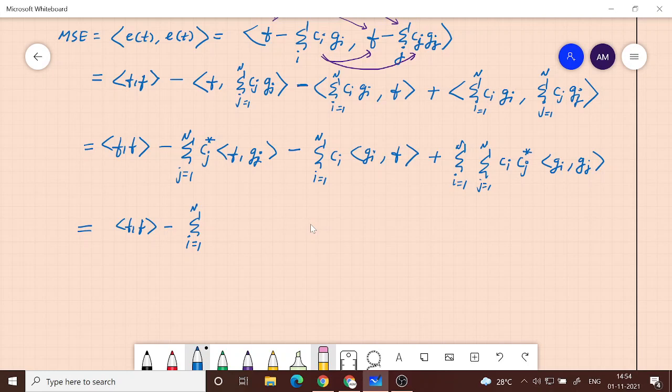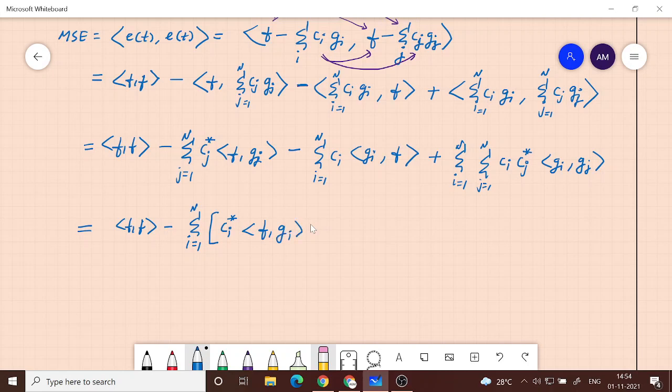I changed it into a different variable, now I am changing back. Okay, so the first term is cj star ⟨f, gj⟩, sorry, I am using i, so I have to be careful. Okay, so I am using i instead of j, so it will be ci star ⟨f, gi⟩.